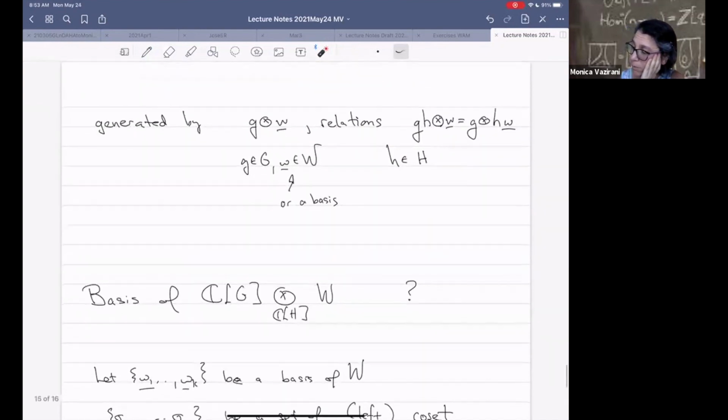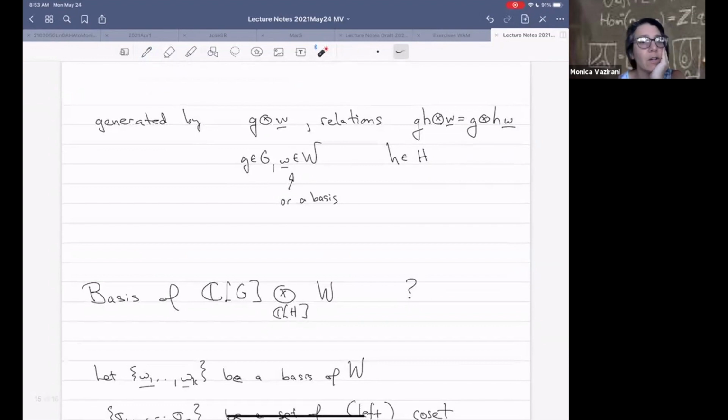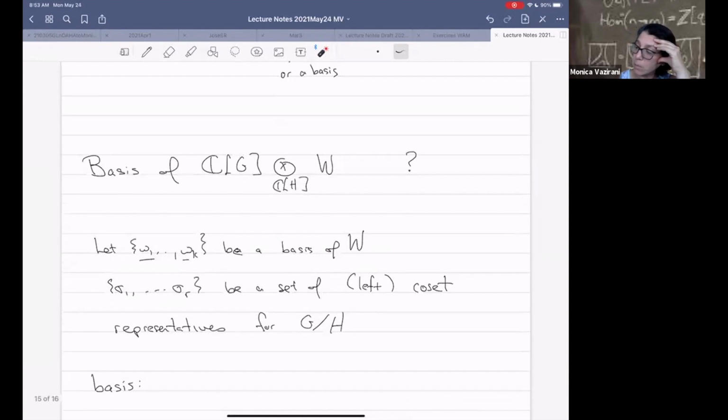Right, and so how do we know the dimension of a vector space? We find a basis. So if we take into account these relations, and my linear combinations, how do I get a basis of this? Well, one way to do it, let's say we start with the basis w1 through wk of my vector space W. And I need to now take a system of coset representatives for G mod H, and actually left coset representatives.